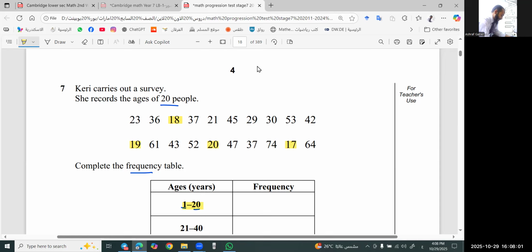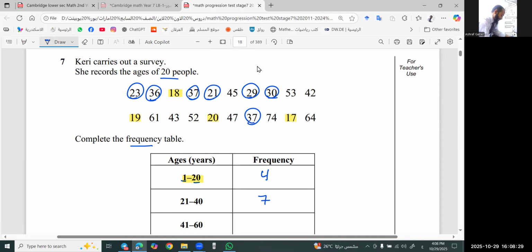So we write 4. For 21 to 40, we choose 23, 36, 37, 29, 30. 42 no. 37 yes. Okay, so this gives us 1, 2, 3, 4, 5, 6, 7. So we write 7.